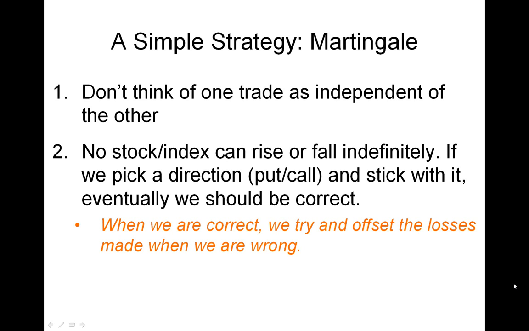And therefore, the profit that we make when we're correct can offset the losses that we've made when we're incorrect. And overall, we can make a profit. This is discussed in detail in part 2 of our video series. And again, for the record, this is also known as the martingale strategy, or one of its variations.